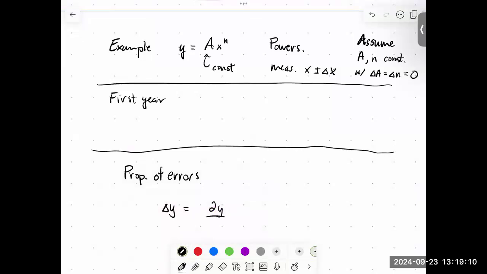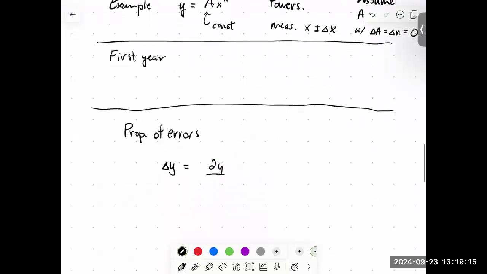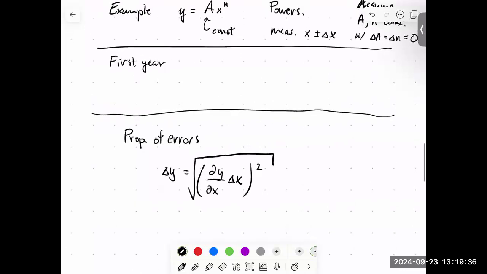Okay, so it's only our uncertainty in x that we're worried about. So if that's the case, then our propagation of errors says we would first take the derivative with respect to x, then we would multiply by the uncertainty in x, and then we would take the square root of the square of all that. There's no other terms to add because there's no other variables that we've measured.